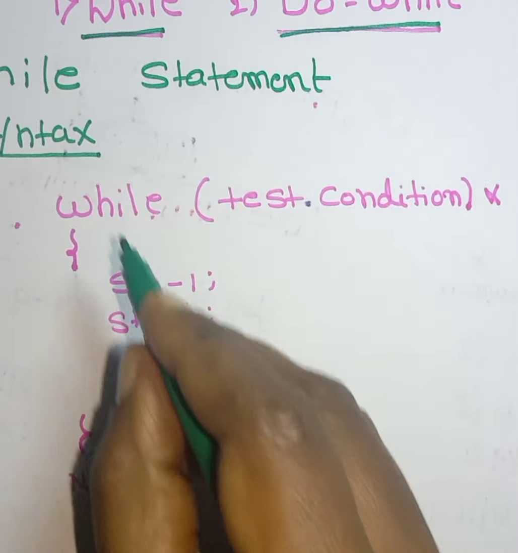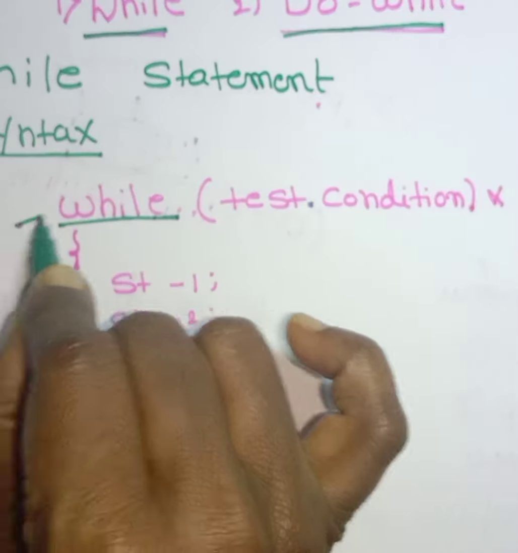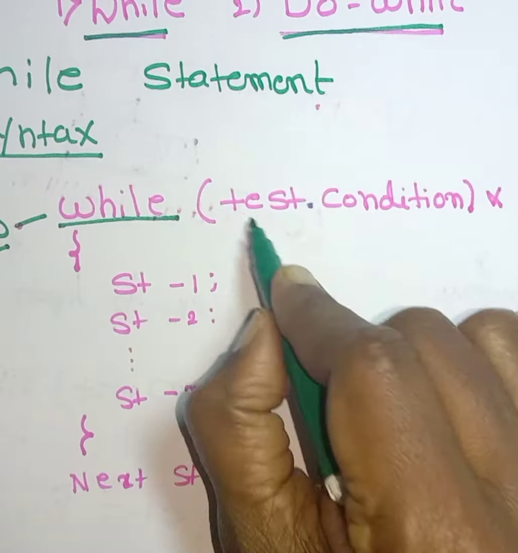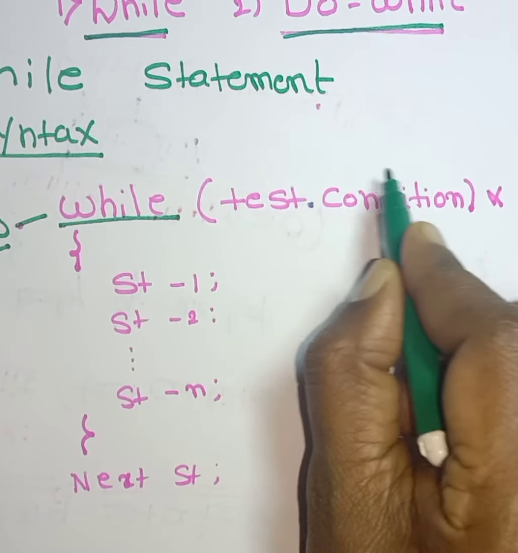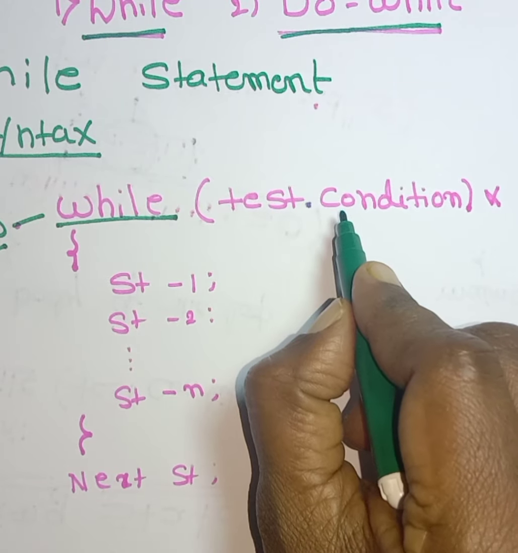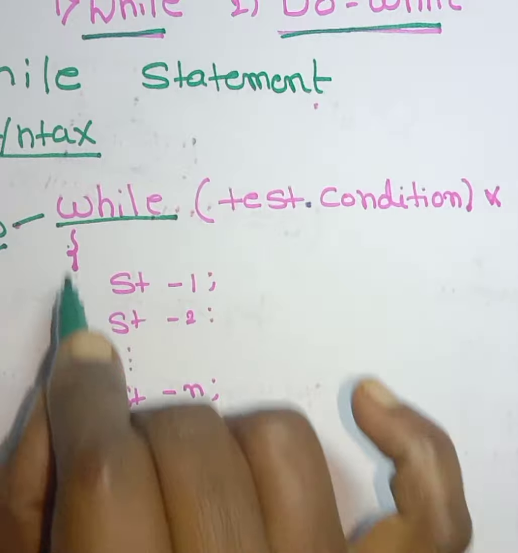So what is the syntax? While is a keyword, and you know what a keyword is. And you write the test condition, which condition you want to check. According to this test condition, this is called a while loop block.